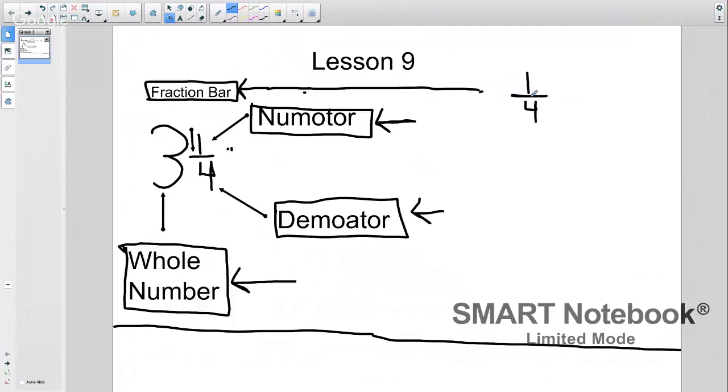Of course, if that wasn't there, this is what it would look like. I'm just putting a line in. You want to know what that is? That is not called a fraction bar.